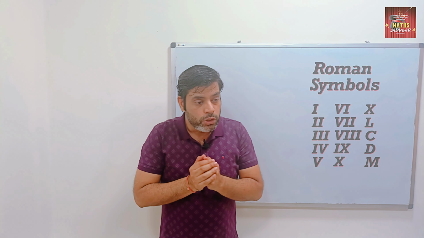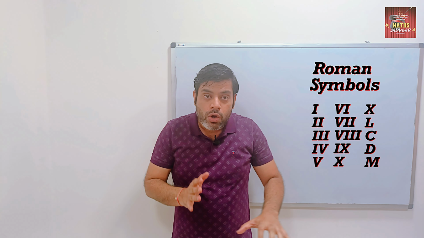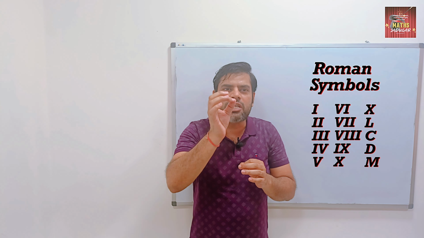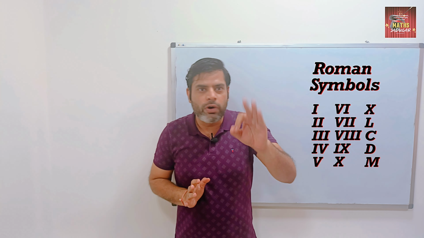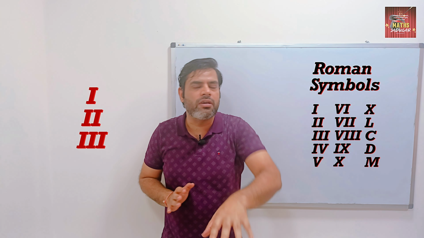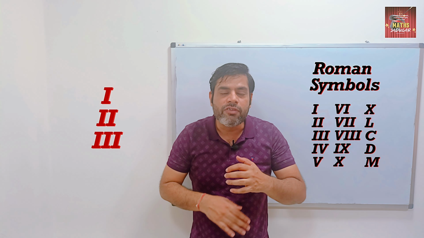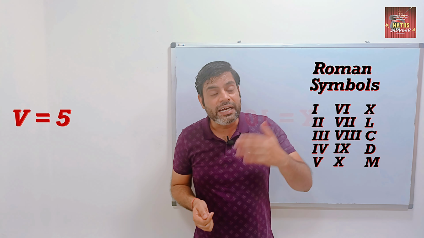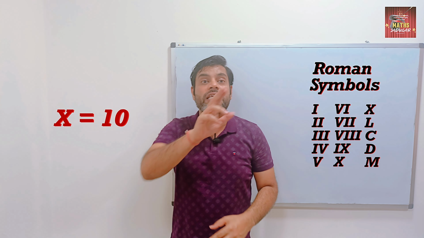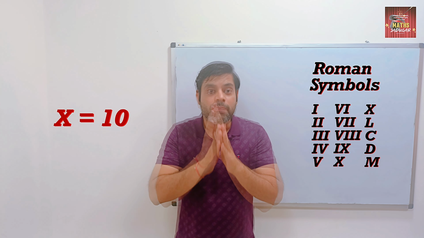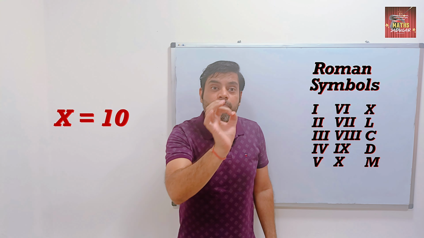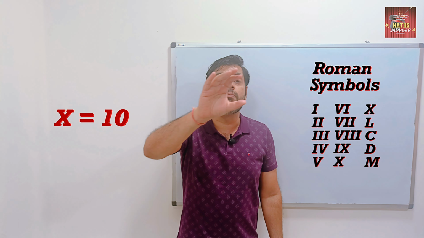Now, you see there is a pattern in these numbers. I can say the first number which starts with 1 or 5. So 1 is the first number, then 2 and 3 you can make with that symbol only. Then V is the symbol for 5. Then 10 again includes 1 and 0. You will say 11 to 19 also include 1, but my dear friends, I am talking about the first number starting with 1.